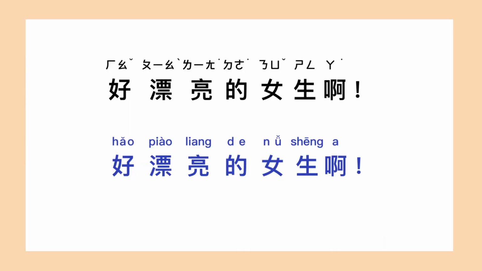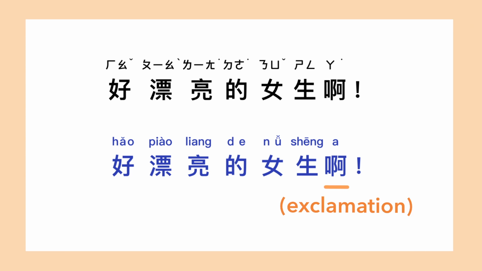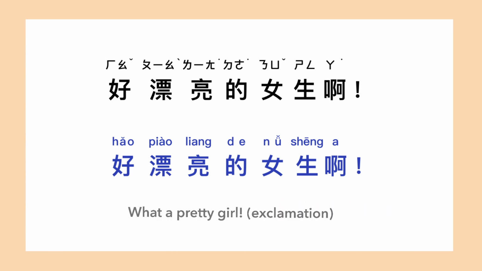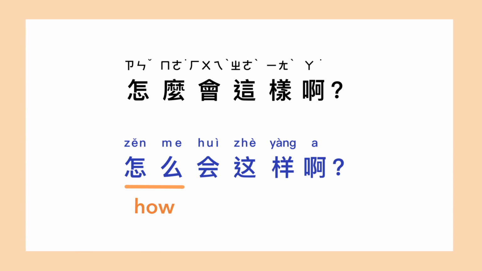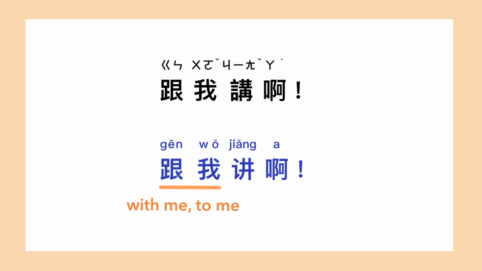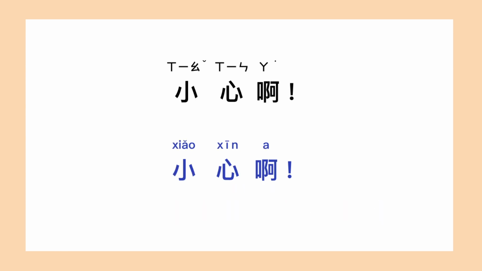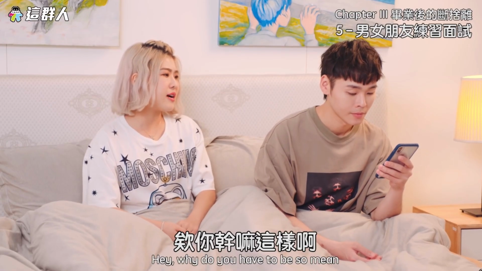For instance, 好漂亮的女生啊。What a pretty girl. 怎么会这样啊？How can this happen? 跟我讲啊。Tell me. 小心啊。Be careful. 你干嘛这样啊？ Also, 啊 can make sentences sound more colloquial and casual.